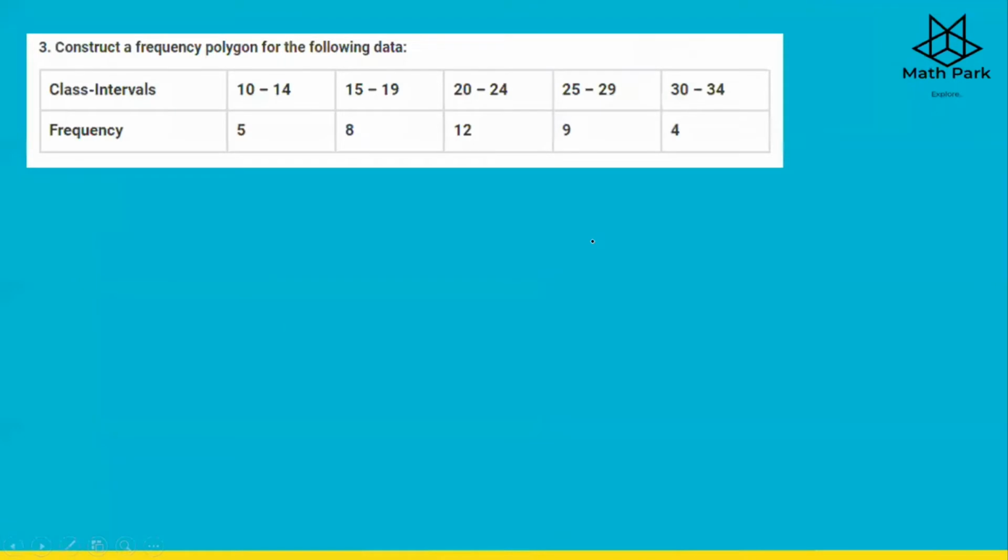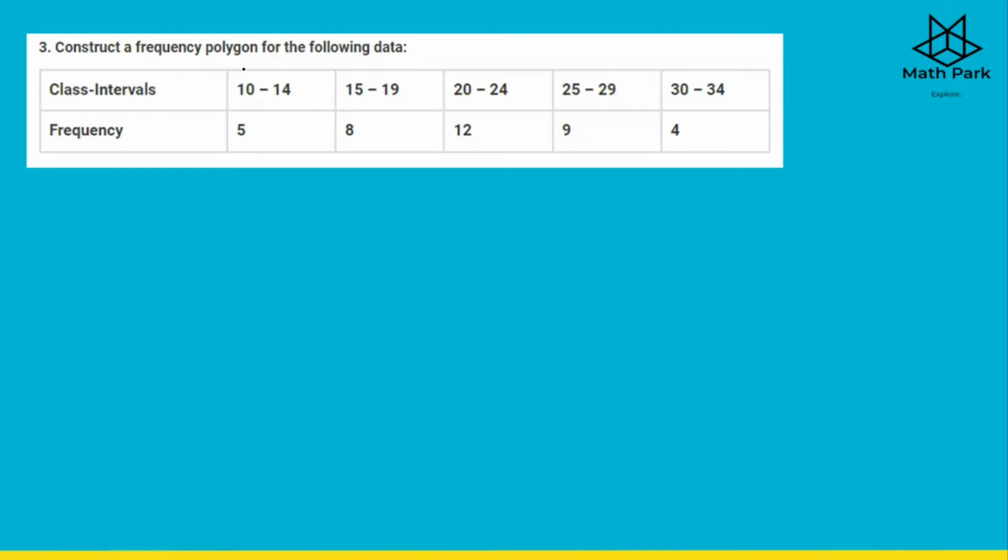Moving to question number 3. Now here you can see that the classes are not continuous. It is 10 to 14, 15 to 19, then 20 to 24. So we make the classes continuous here. The adjustment factor here is going to be 0.5, because we have the difference between the consecutive upper limit and lower limit: 15 minus 14 is 1, and 1 upon 2 is 0.5.